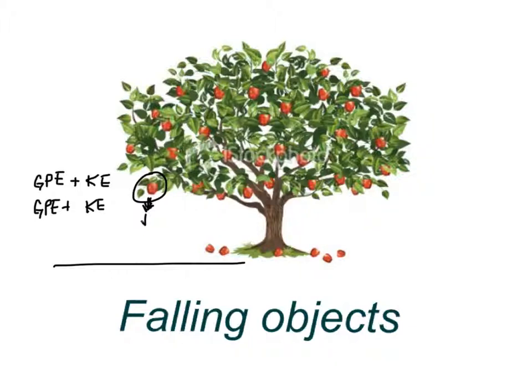In another moment, we'll experience the same thing. This apple will have some gravitational potential energy plus some kinetic energy. There will be a little bit more kinetic energy at this point than there was a moment ago. And that will continue until right before it hits the ground, where it will have a lot of kinetic energy and very little gravitational potential energy left.